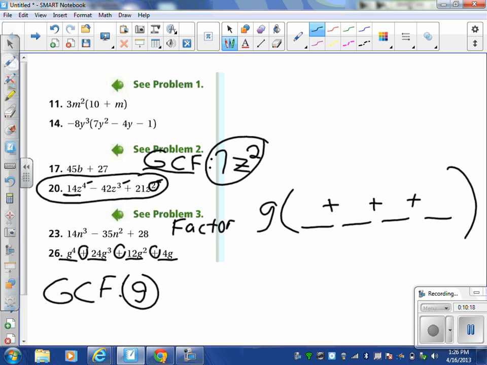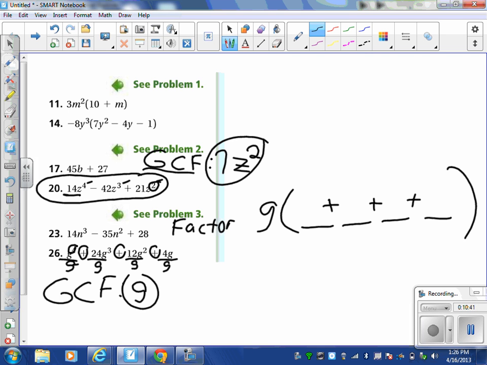So now I'm going to take my greatest common factor and divide it with each of the numbers in the problem. So when I do that, I have g to the 4th power, and there's a 1g down here. So again, I'm going to subtract my exponents. So 4 minus 1 gives me 3.